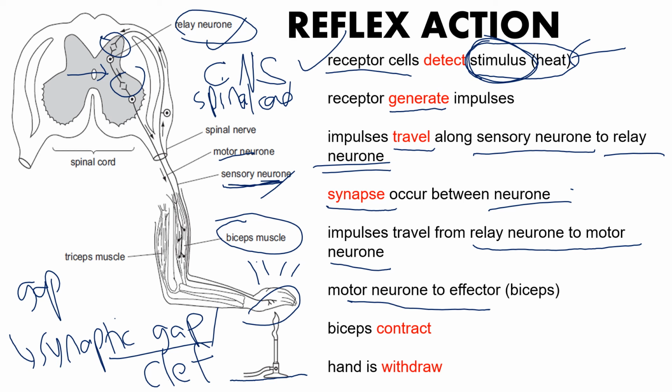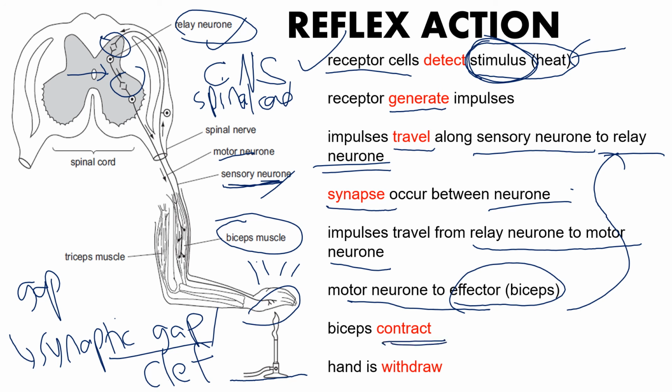If you know what the effector is, then you will know that the bicep muscle is one example of an effector. Now the bicep muscle receives the new impulse that is generated from the relay neuron. The new impulse tells the biceps to contract.